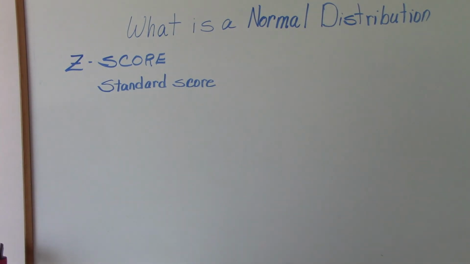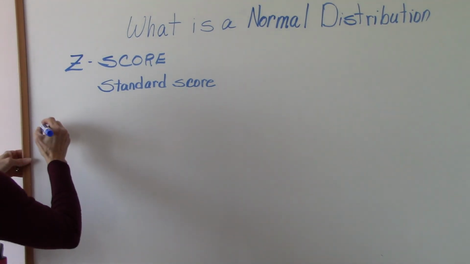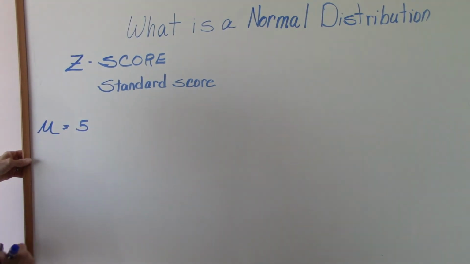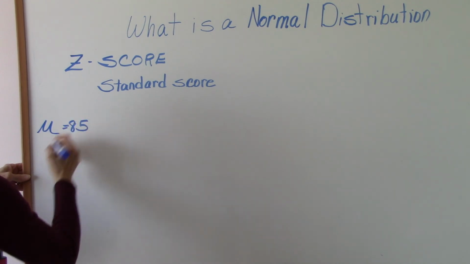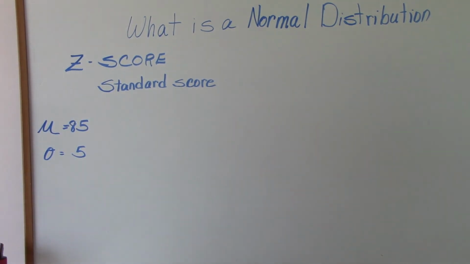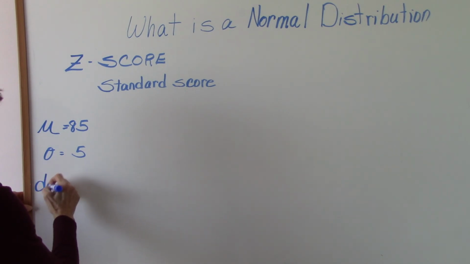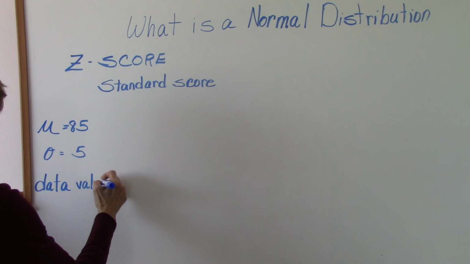Now we're going to need the same type of info that we had before. We still need to know the mean, which we said was 85, and the standard deviation, which was 5. And then we also need the data value.